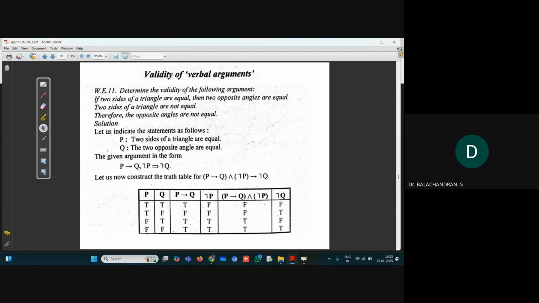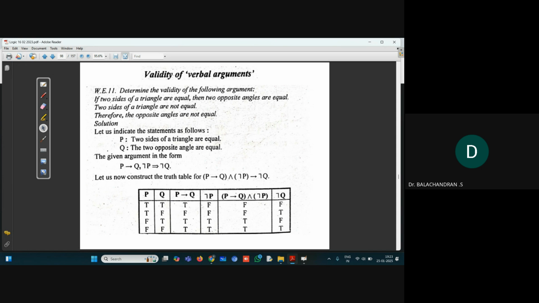Okay, so let us indicate the statements as follows. P is two sides of a triangle are equal. Q is the two opposite angles are equal. Now I'll write in the notation.